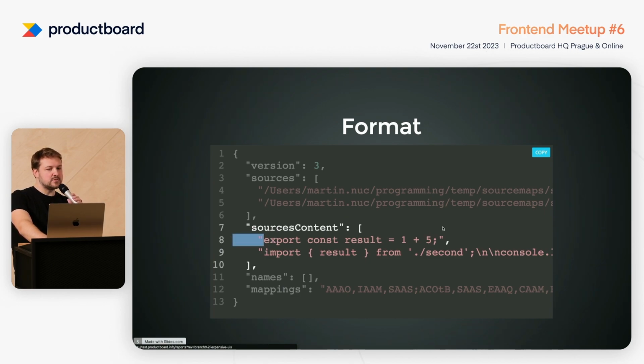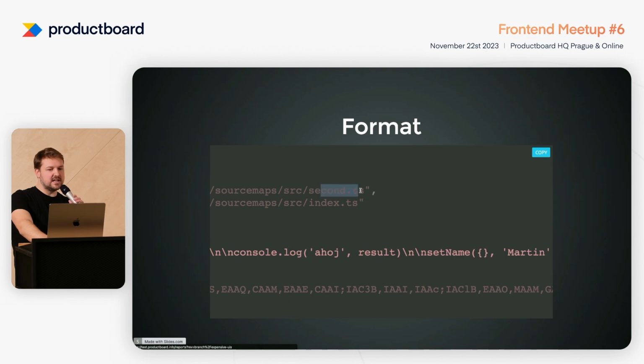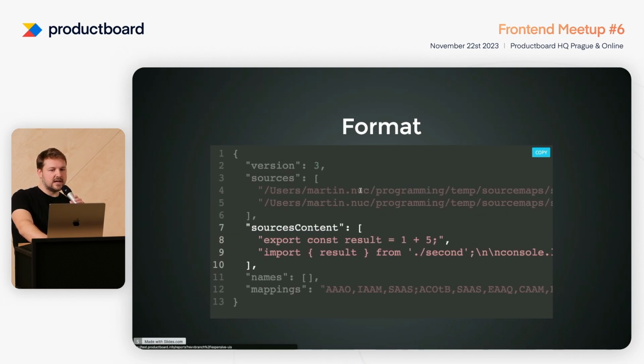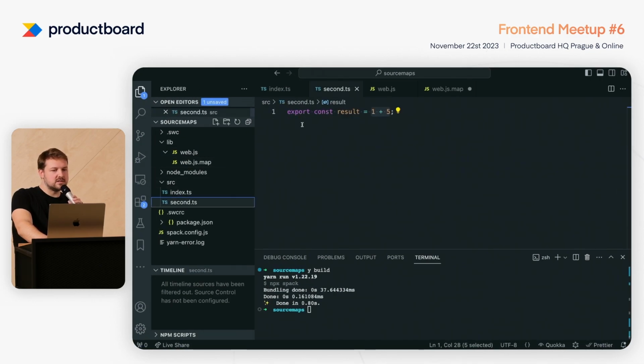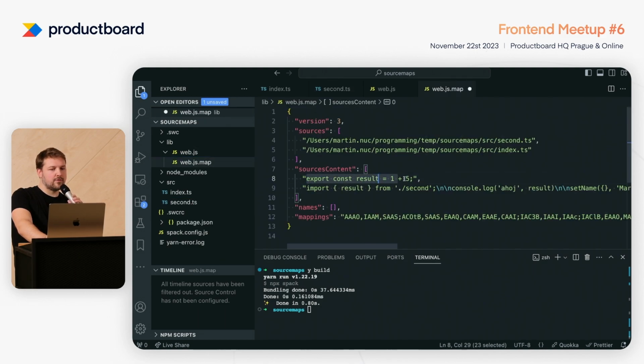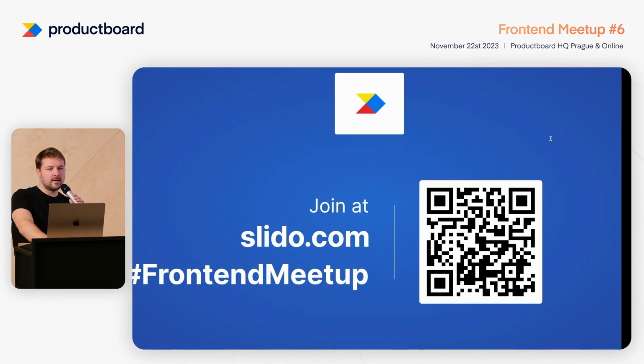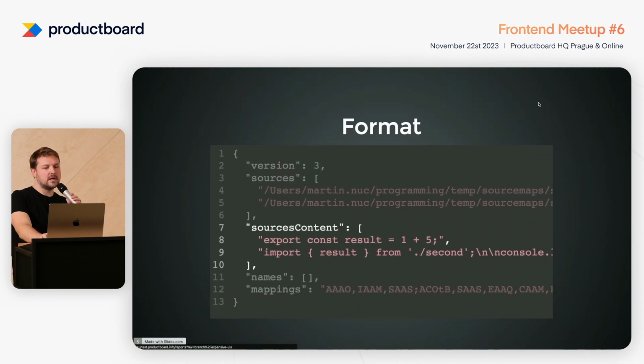And it's basically the source code of these files. So you can see that this one, second.ts, its source code is the first element.